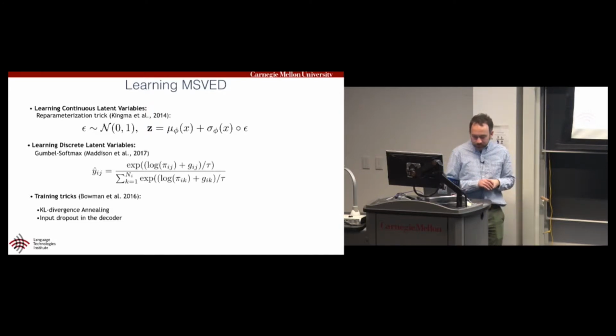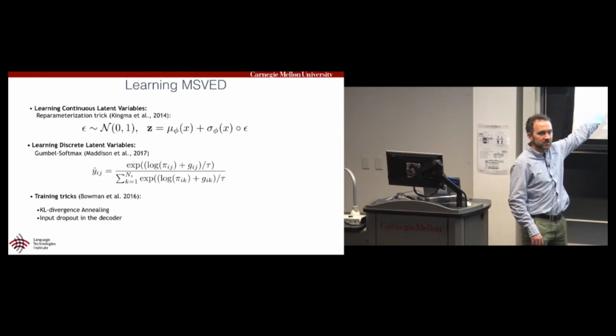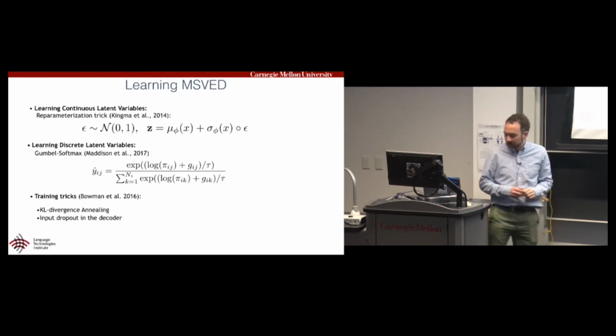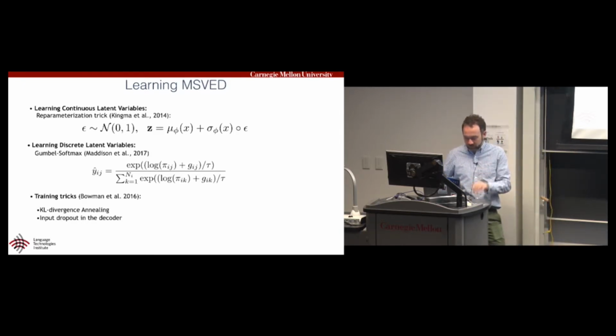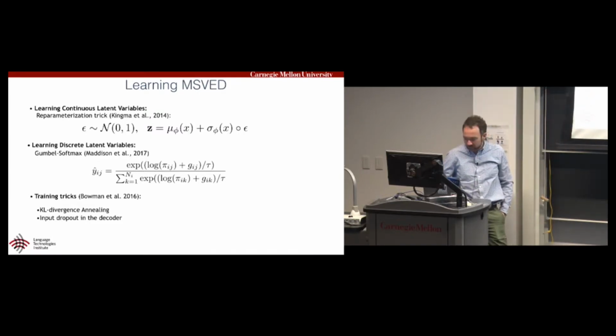There's also a bunch of other tricks to fix this problem, but this trick is easy and one that people often use. To make the decoder weaker, to help prevent this from happening, we also dropped out the input to the decoder with a certain probability. But that's a little bit less important and less common. The KL divergence annealing thing here is pretty common.